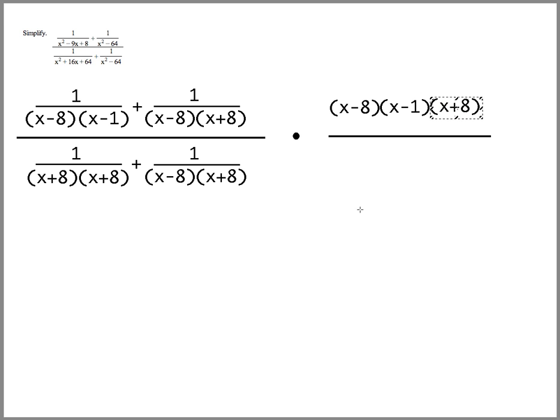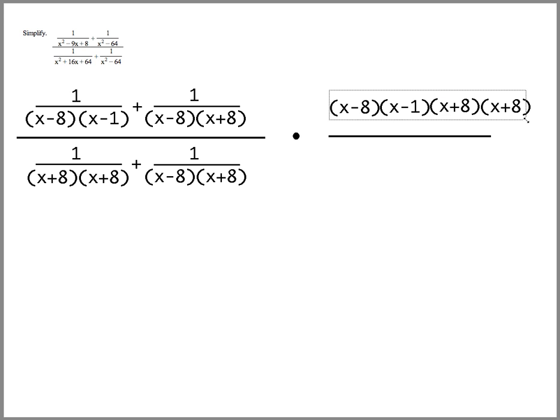And now I think everything is accounted for, except there's one slight nuance here. I've got two factors of x plus 8 here, and if I multiply this by one factor of x plus 8, it will cancel, but I'll be left with this other factor down here that never canceled. So actually, what I need to do is to multiply by 2 instances of the factor x plus 8. And that will become a little clearer as we move on here.